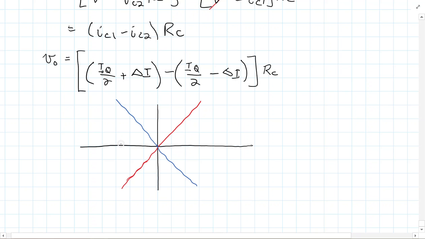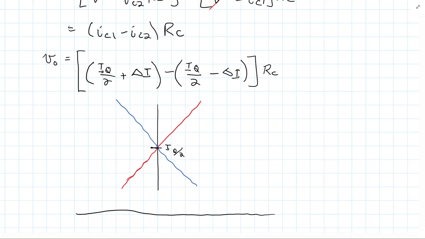And this isn't the 0, the 0 is going to be somewhere down here. And this, remember, was my IQ over 2. And we said that these had slopes, and these were transconductances.